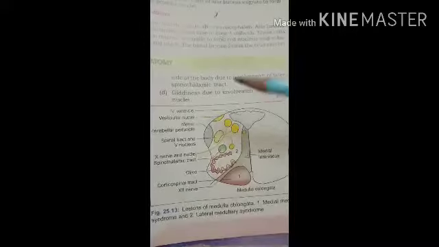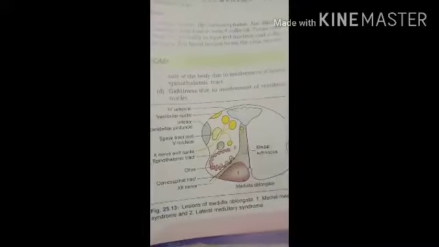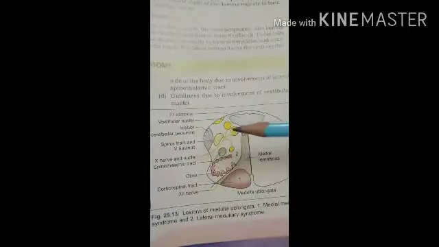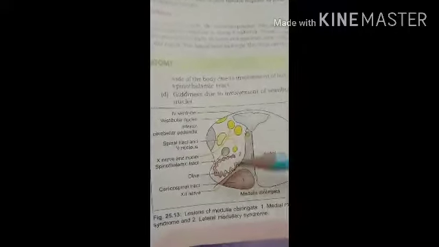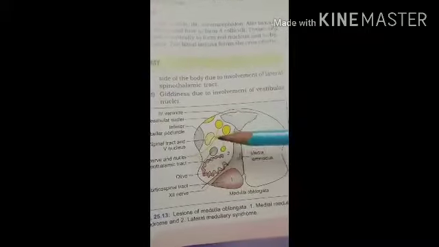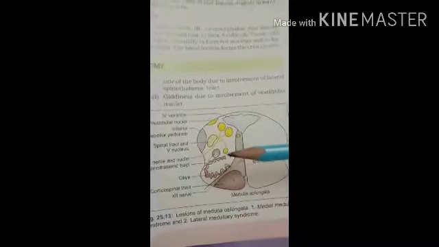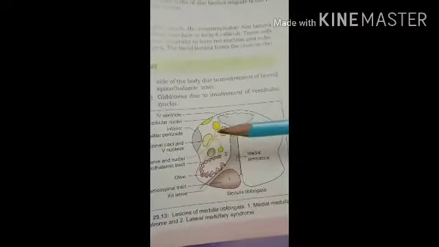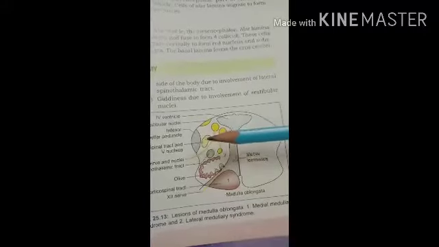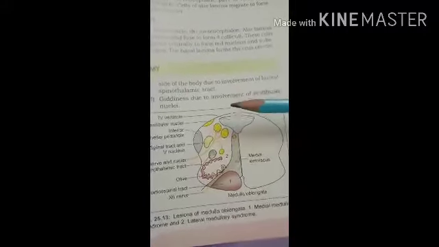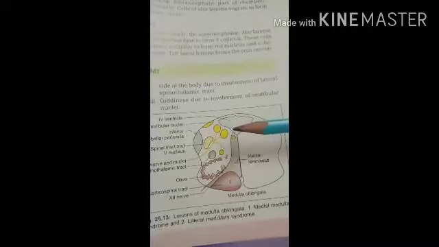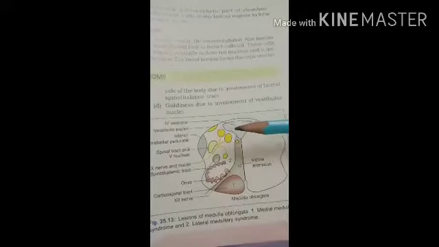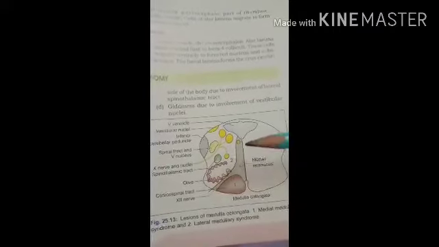Then the next is the lateral medullary syndrome. The lateral medullary syndrome occurs due to blockage of the posterior inferior cerebellar artery, and it causes these symptoms: ipsilateral paralysis, ipsilateral meaning the same side, of most of the muscles of the soft palate, pharynx, larynx due to injury of the nucleus ambiguus. Second, loss of pain and temperature on the same side of the face due to involvement of the spinal tract of the trigeminal nerve.